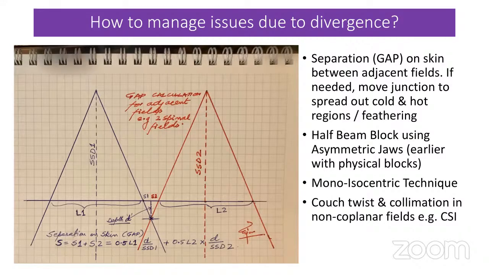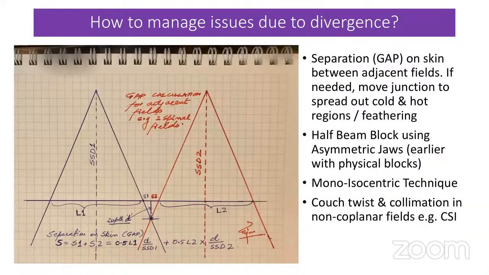The tangential field of the breast is from medial and lateral tangent. It is sort of diverging into the neck towards the supraclavicular field. So to make the superior border non-divergent, you may move the couch by 5 degrees or 6 degrees, so the superior border becomes non-divergent or straight.